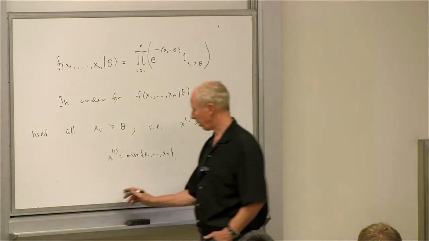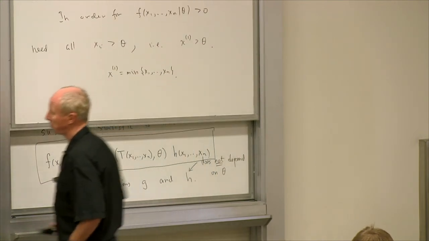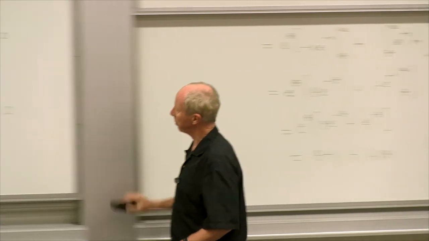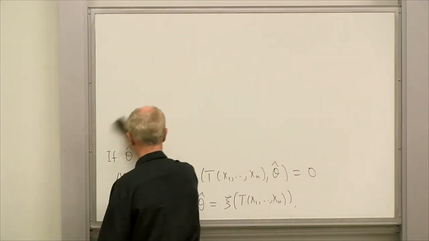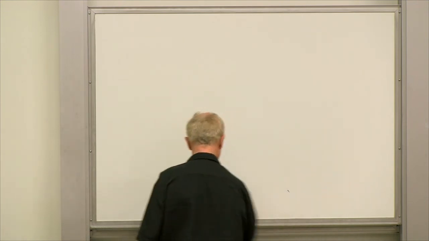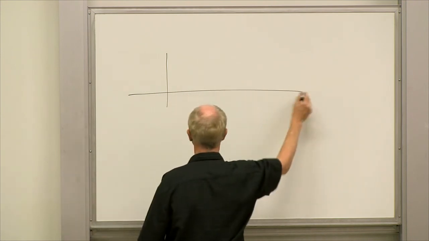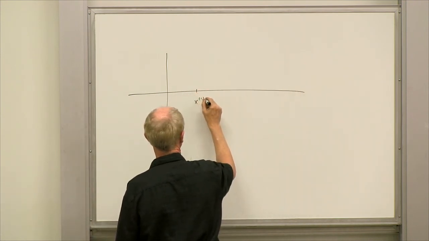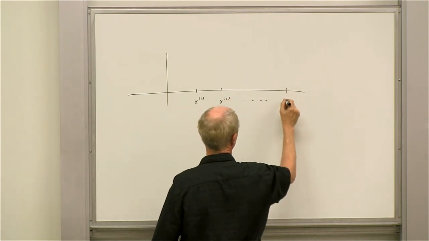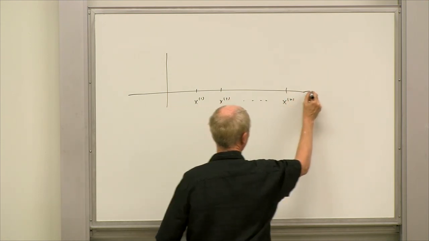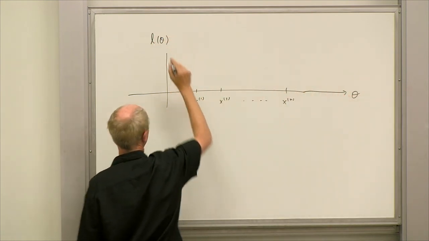So now let's plot the data points. And think about what happens as theta is increasing. Theta is going this way, and we're going to graph L of theta.